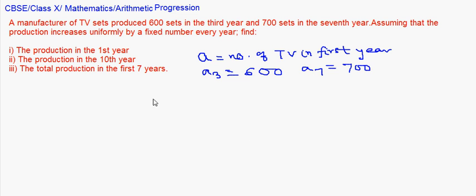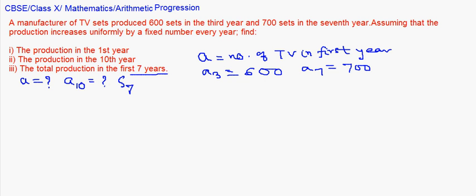These are the information given. We have to calculate A, that is the production in the first year, A10, that is the production in the 10th year, and the total production, that is S7, in the first 7 years.